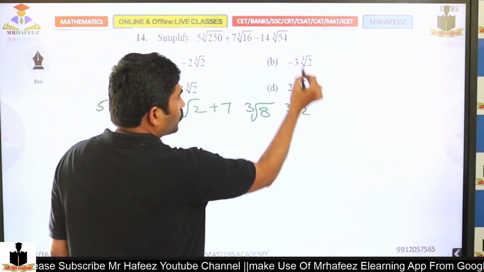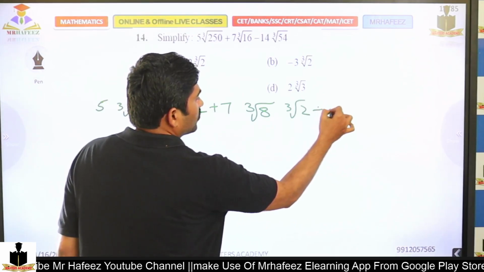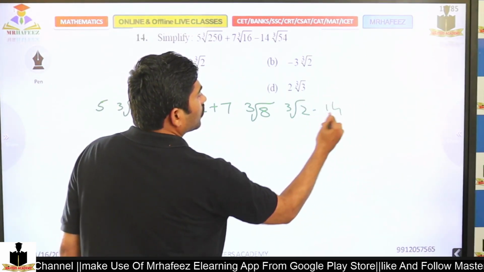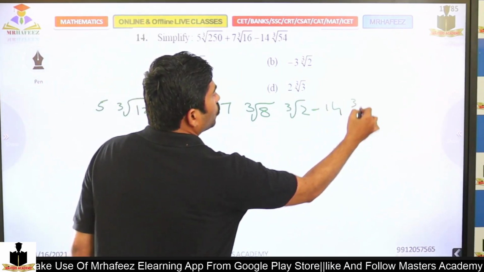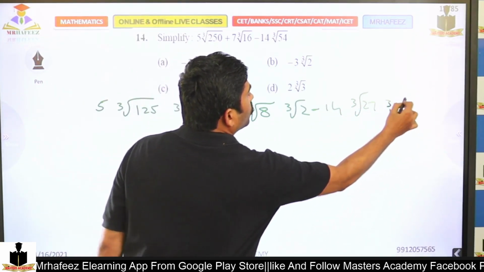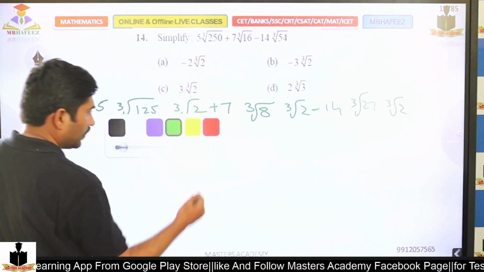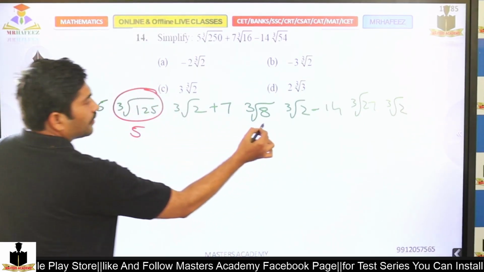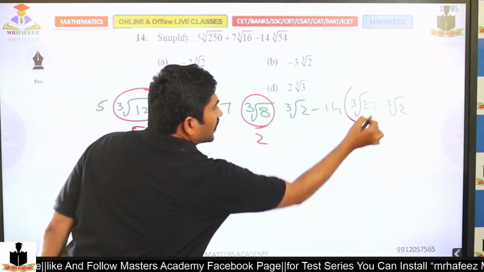And here also 27 minus 14 cube root 27 cube root 2. Okay. Here after observing this, the value here is 5. The value here is 2. The value here is 3.